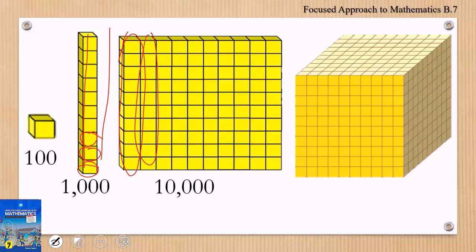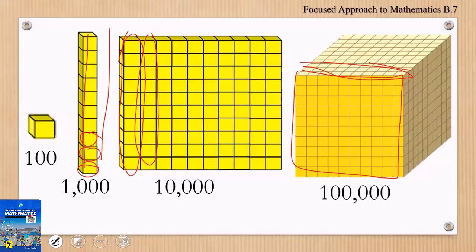Then we have this flat, and another flat also comes as 10. Then we can have 100,000. So we have the cube, we have the long, we have the flat, and we have the block. So 1,000, 10,000, and 100,000.